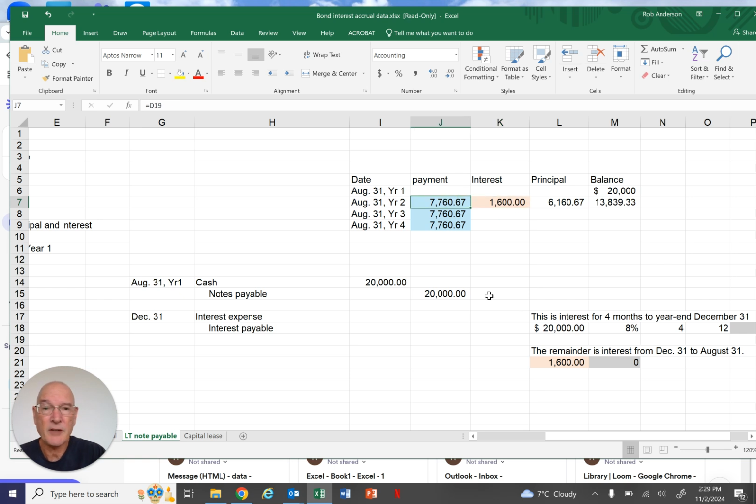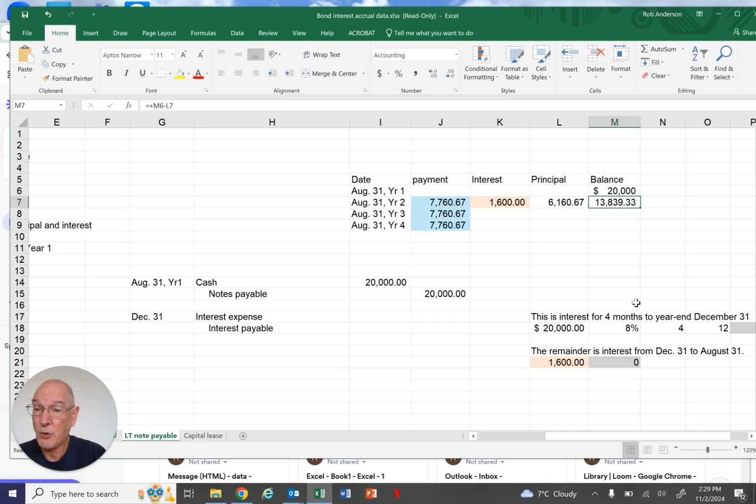So we paid $7,760, interest is only $1,600. This means that the balance, almost $6,100, is going to reduce the amount of our note. So now we only owe 13, and that's after the first payment is made.